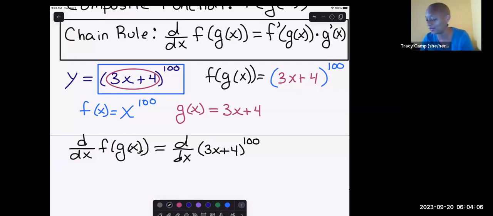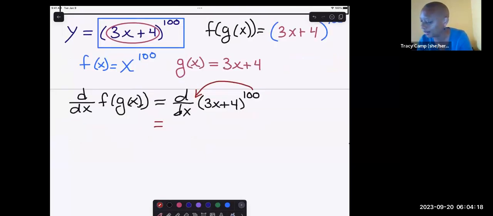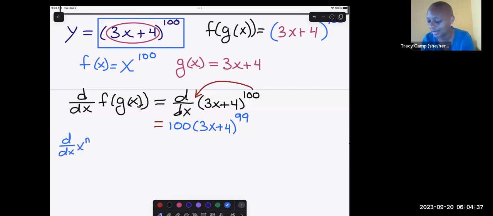So you bring the power down, just like we've been doing with previous problems. We bring that power down and we get 100 times 3x plus 4, and then take 1 away from the power, so raised to the power of 99. So I just used the power rule here, that the derivative of x to the n is n times x to the n minus 1.